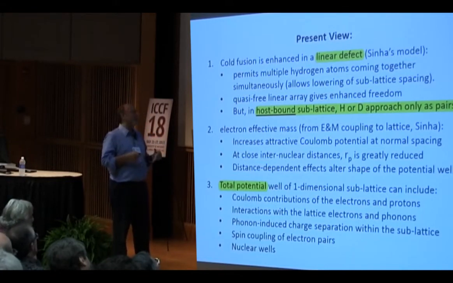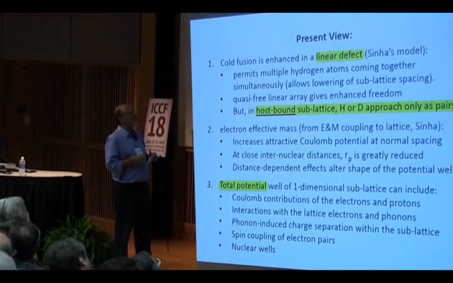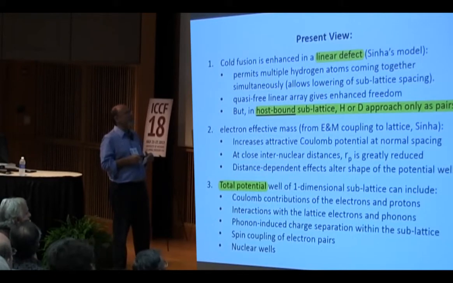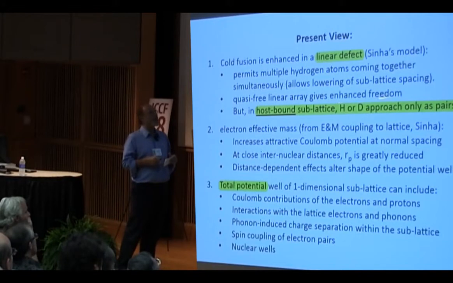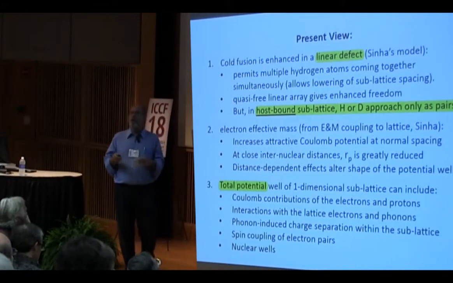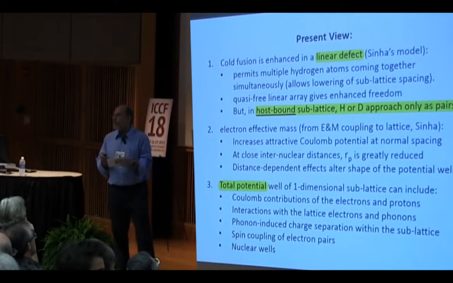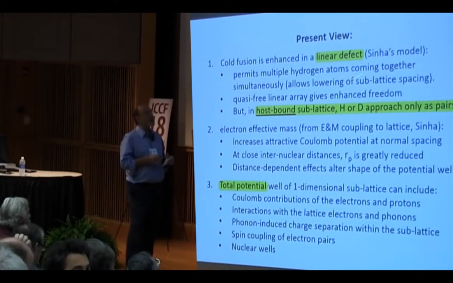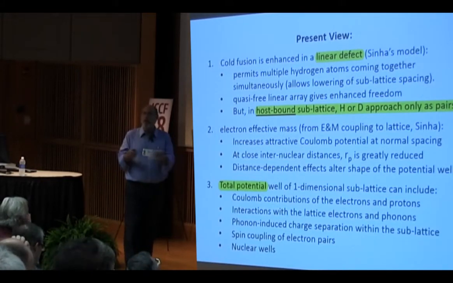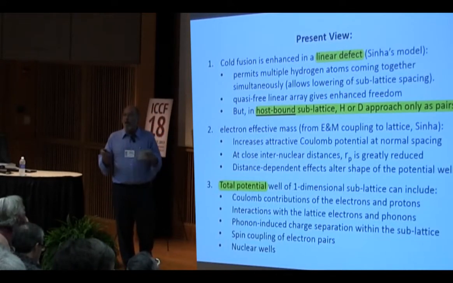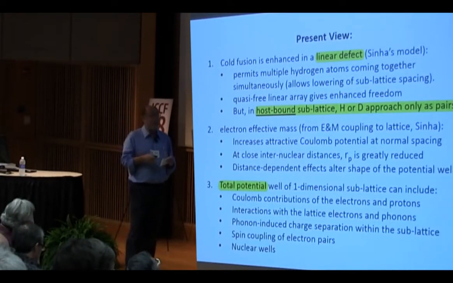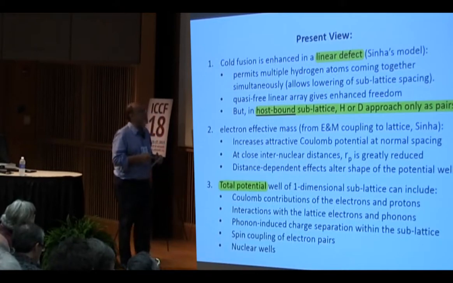And so I said, okay, let's look back at this and see what KP was actually talking about. If you have a host-bound sublattice, you can only bring the hydrogen molecule atoms together in pairs. If you have a linear structure, now you're able to have a linear molecule and you can bring them together in groups, and that can be important.